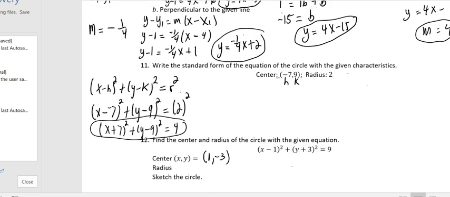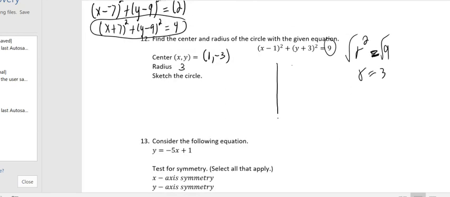The radius in the equation, notice it has an r squared, right? So r squared is equal to 9 in this case. So we solve for r is equal to 3. It has a plus or minus 3, but the minus we don't use because we're talking about distance, okay? So your radius is 3.